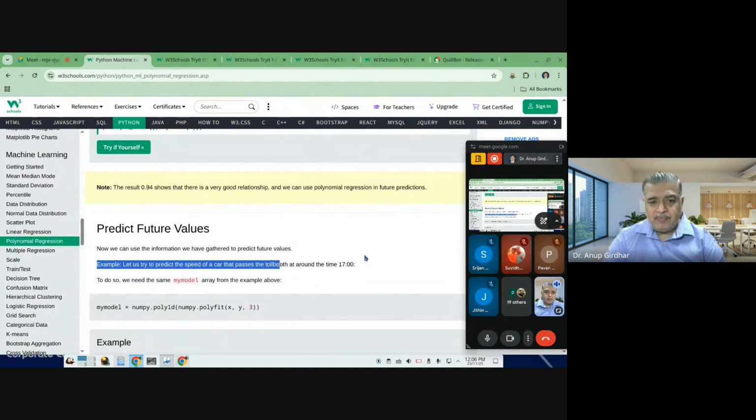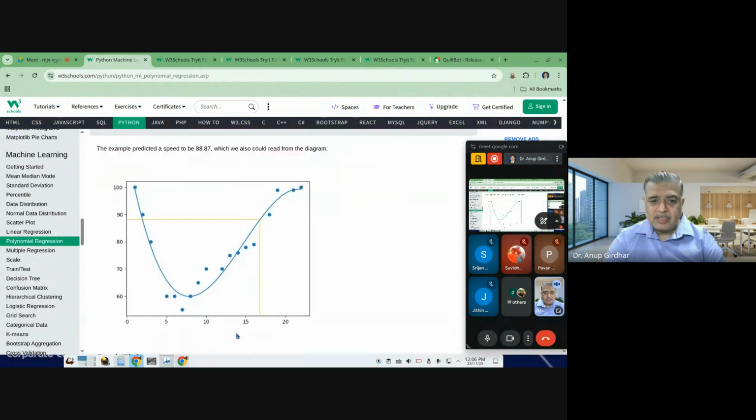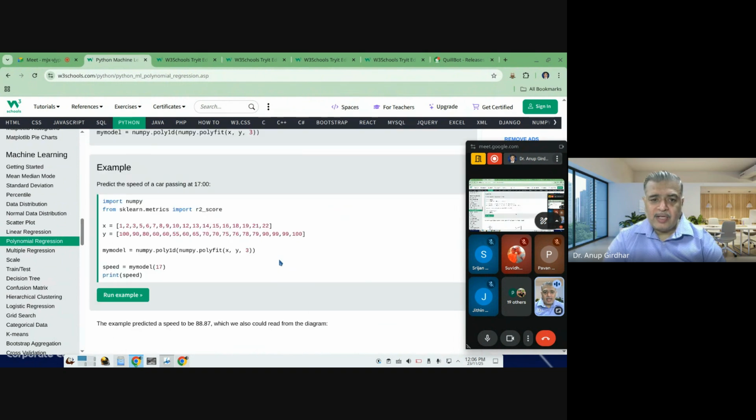Now, can we predict, because 5 p.m. has not been mentioned in this list? At any time like 5 p.m., what would be the speed if we want to calculate something like this? Or let's say a car is passing at 1700 hours. If you pass some value to this model, in this case we don't have 17, you can see we have 16 and 18.